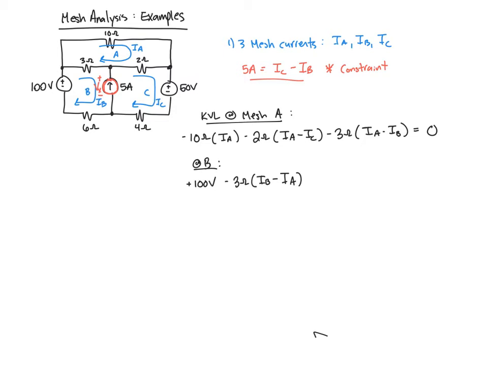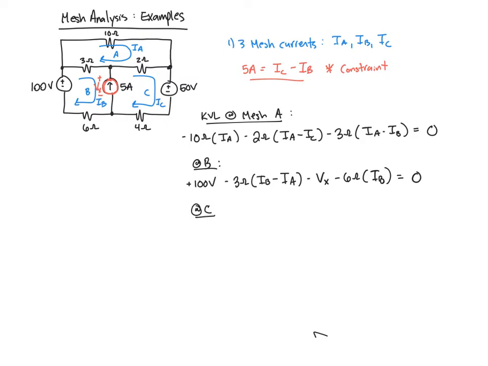Again, it doesn't matter if you choose positive on the bottom, just go by your convention that we used to set up the sign of each element in these KVLs. So as we traverse through this, we go from positive to negative. That's a voltage drop. So I'm going to subtract off voltage Vx, which is across that 5 amp source in my KVL. And then I get to the 6 ohm resistor and I get minus 6 ohms times current IB to get the voltage drop across the 6 ohm resistor.